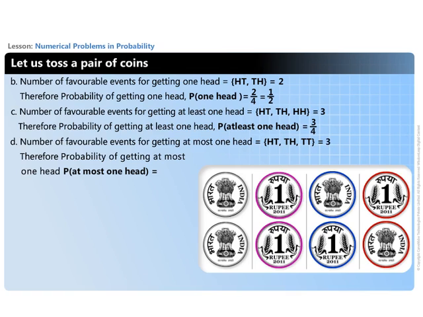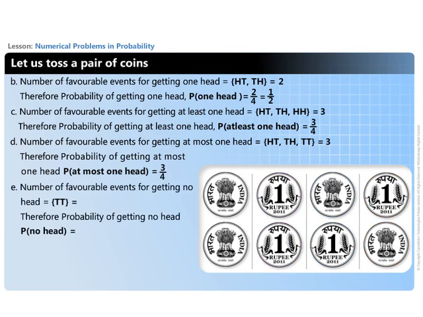Therefore, the probability of getting at most 1 head is equal to 3 by 4. The number of favorable events for getting no head, that is TT, is equal to 1. Therefore, the probability of getting no head, P(no head), is equal to 1 by 4.